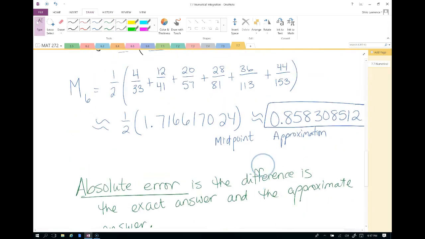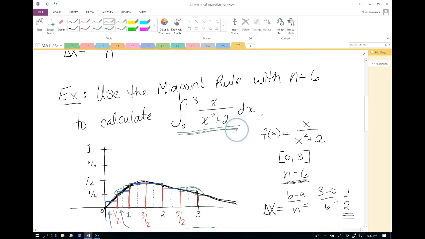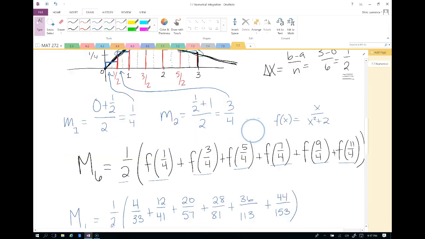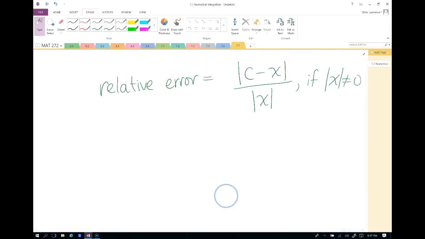So I told you just a minute ago this problem was actually one that we could calculate by hand. So we're going to go ahead and calculate this one by hand and do the absolute and relative error. We can integrate x over x squared plus 2 from 0 to 3. That's just a u substitution.